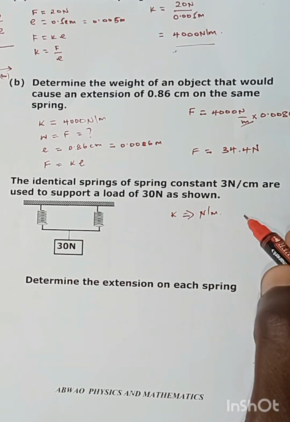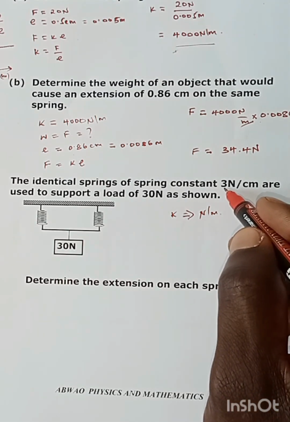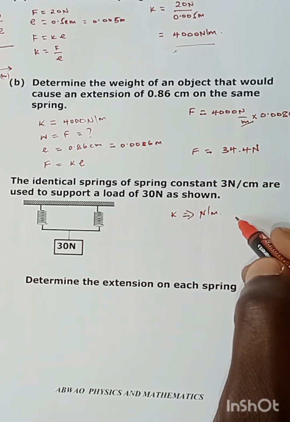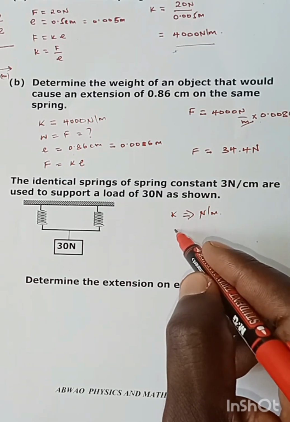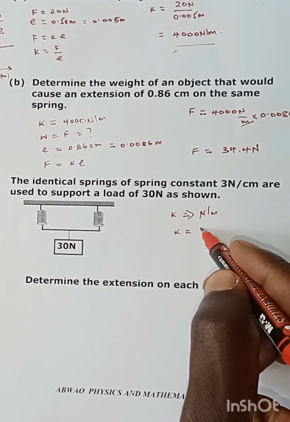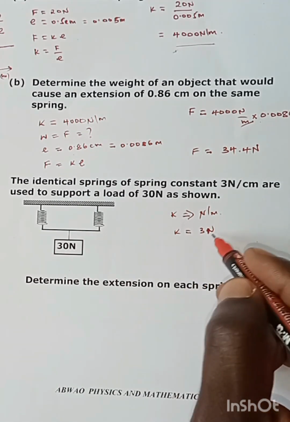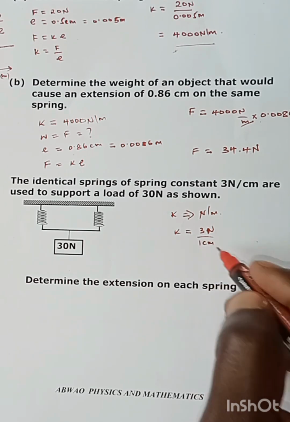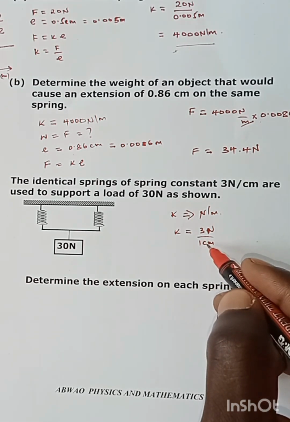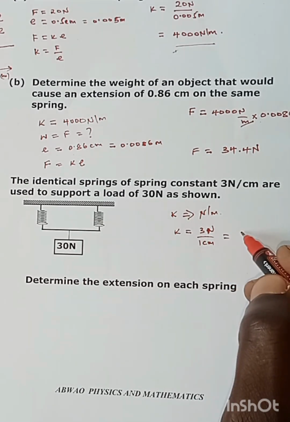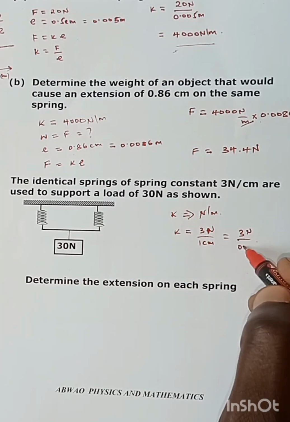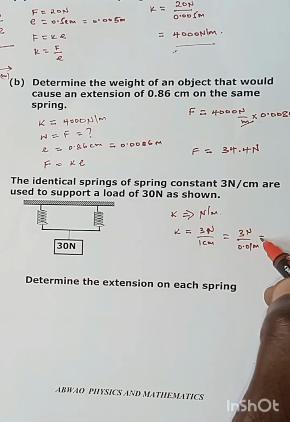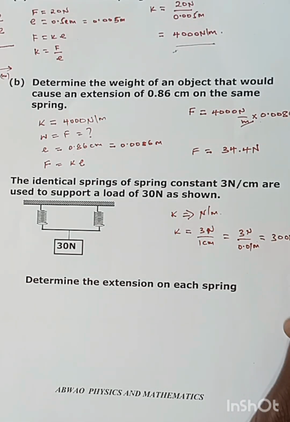So we are talking about the spring constant as 3 newtons per centimeter. That means you're talking about 1 centimeter, so it is this 1 centimeter that we convert into meters. So we'll have 3 newtons over 0.01 meters. So this gives us 300 Newton per meter as our spring constant.